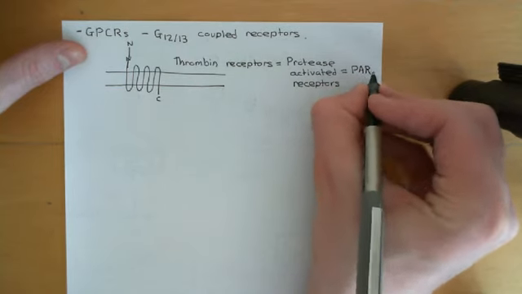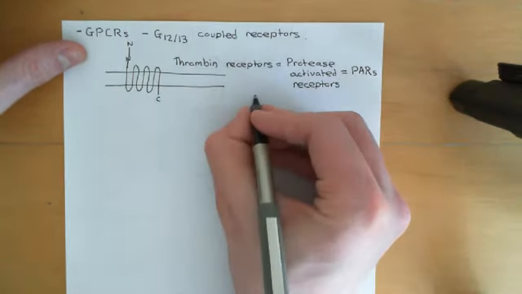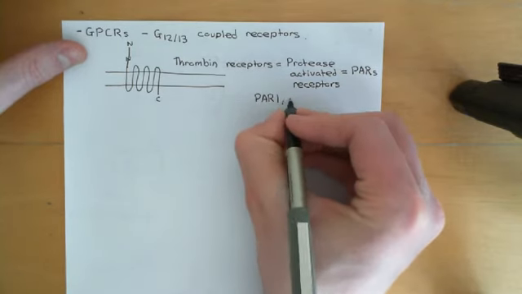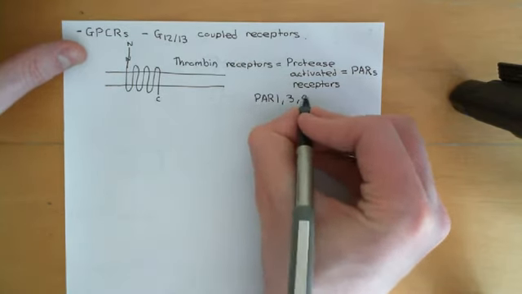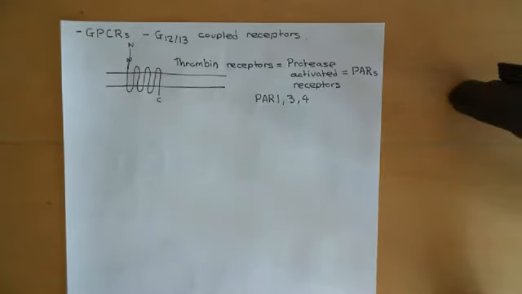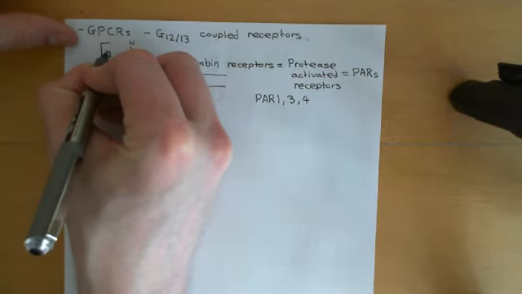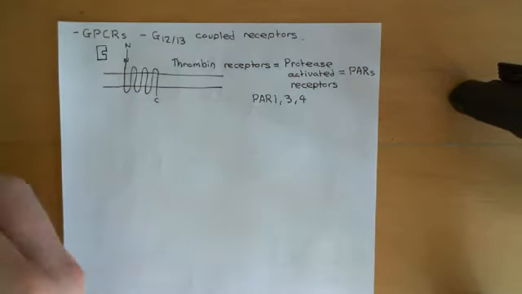Now, you have 3 PARs, which are called PAR1, PAR3, and PAR4. So similar to the phospholipase C delta enzymes, there is no PAR2. Okay, right. Now they have a very curious mechanism of activation. Basically, what happens is the thrombin enzyme, which I'll draw over here. So this is representing the thrombin enzyme.